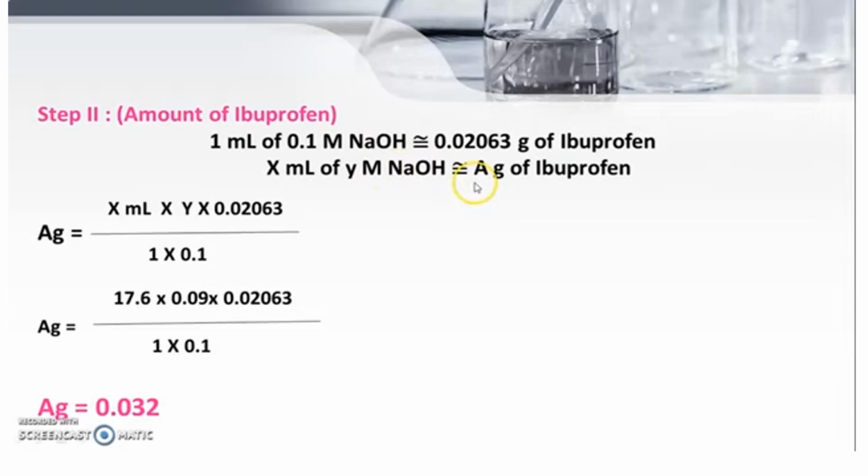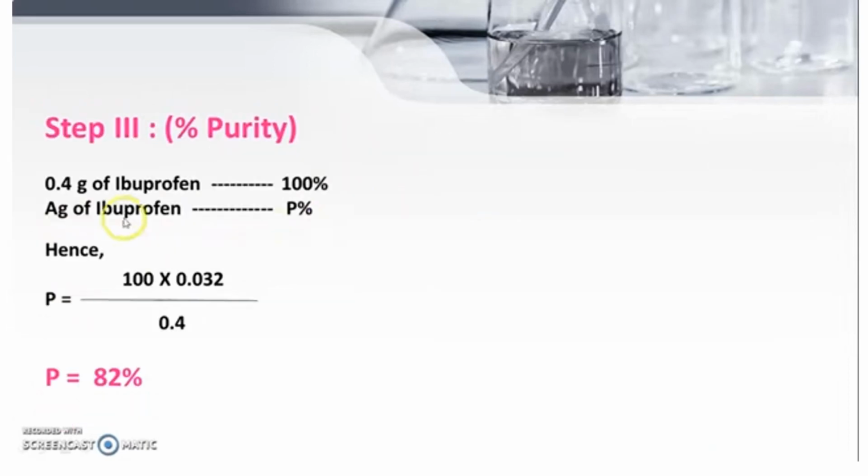Assume it is 0.09, times the factor over 1, times 0.11, which is simply the mole ratio, times 0.1, the theoretical concentration of sodium hydroxide. So the result becomes 0.032 gram of ibuprofen.